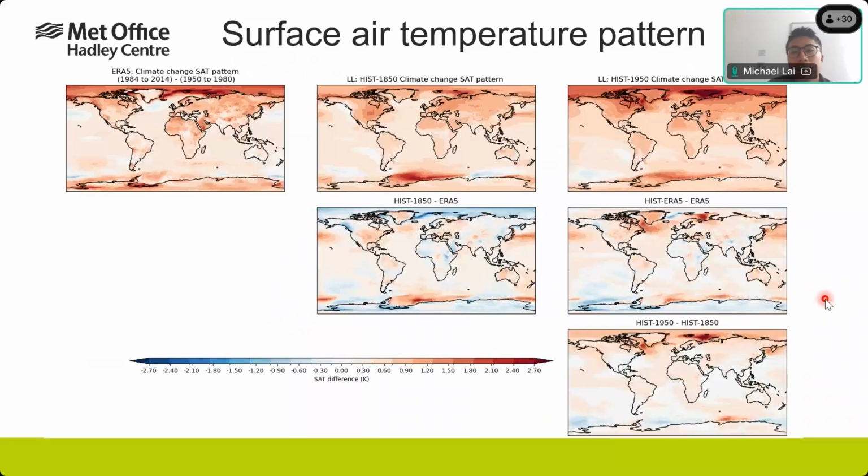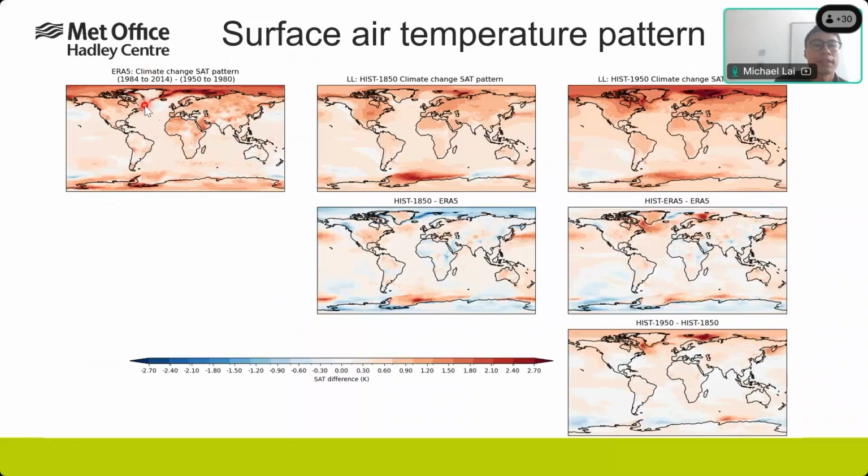For a further look at the anomalies, we look at the spatial pattern of the surface air temperature. That was the global mean before. Now we look at the pattern of what it looks like. ERA5 is shown at the top left, showing the difference in the first 3 decades of the simulation compared to the final 3 decades of the simulation.